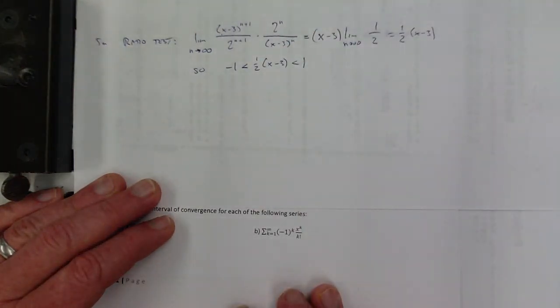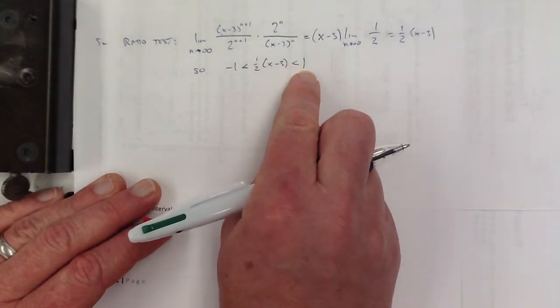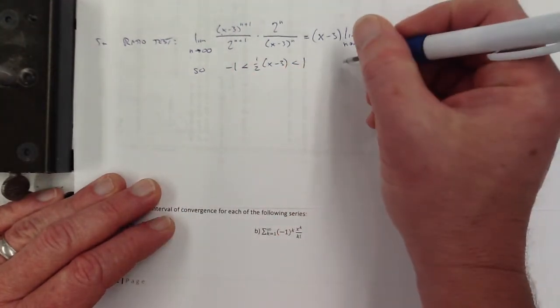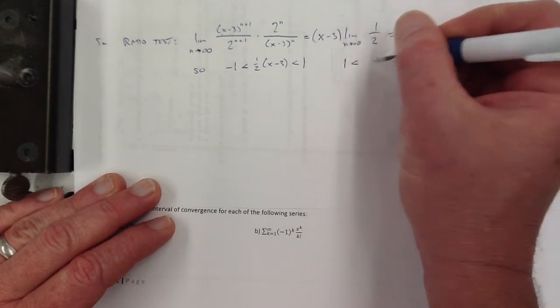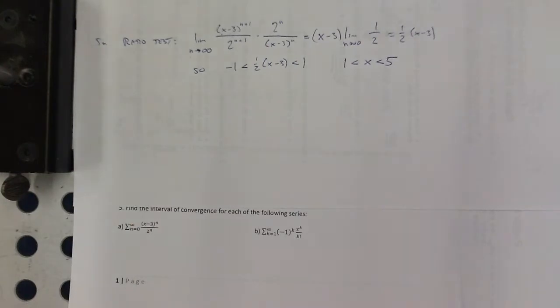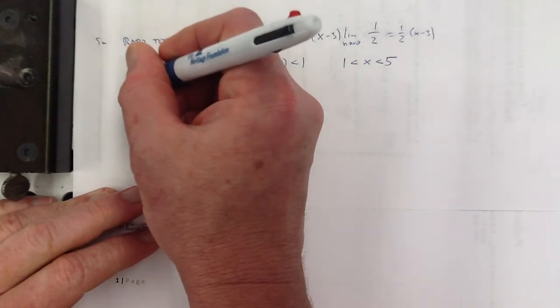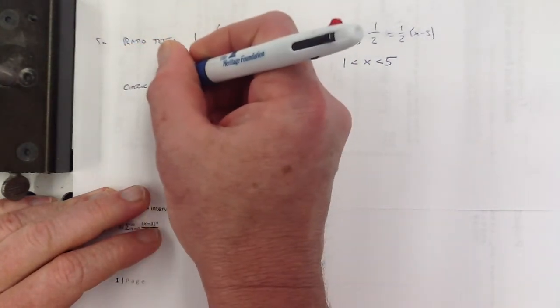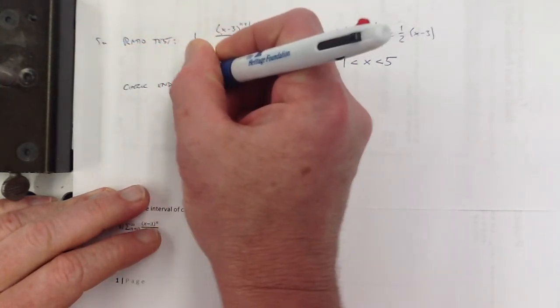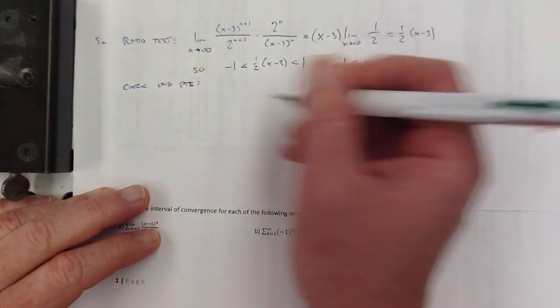And algebra happens, so that's -2 to 2, and then I add 3, so it looks like my interval is that, right, after we do the algebra. And then I have to check the endpoints. The endpoints are 1 and 5.